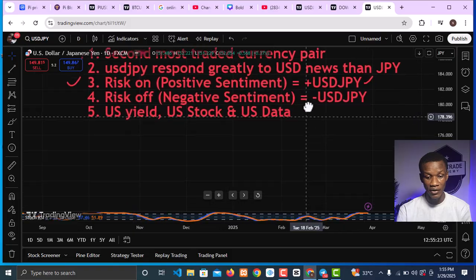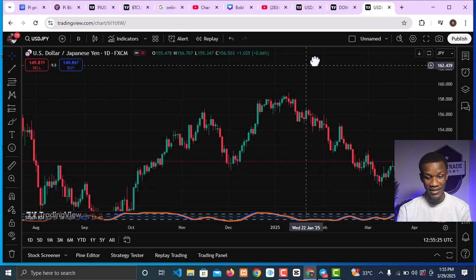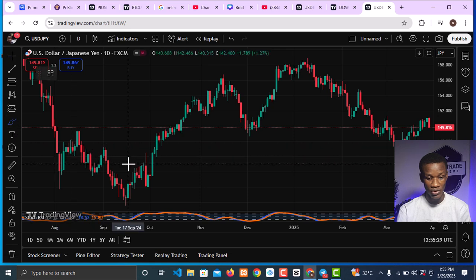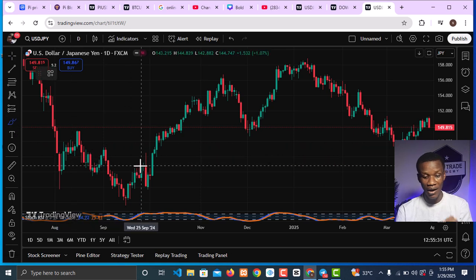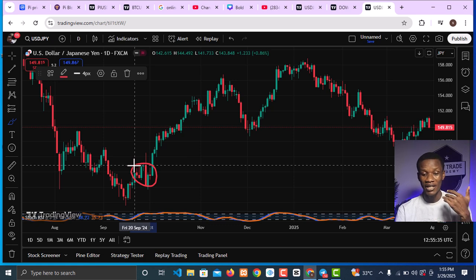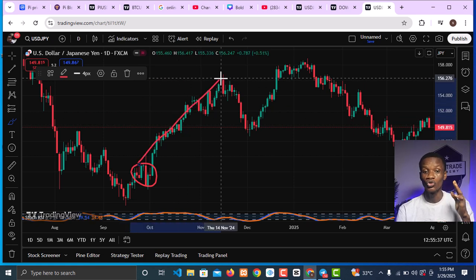If you look at it very well in this very price action right here, around this very point, that was around September, October last year, 2024, the market began to move all the way to the upside on USDJPY. Why? It is because the stock market began to make a significant increase, which is a positive sentiment as well.